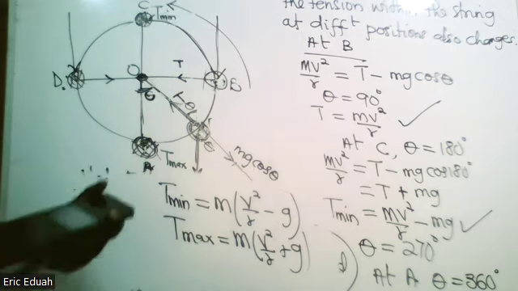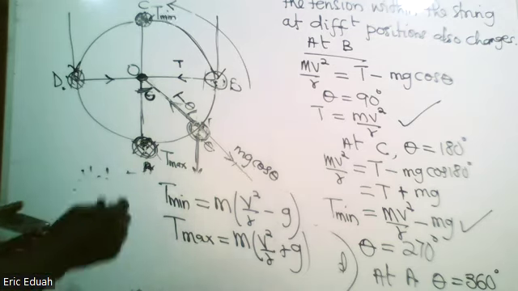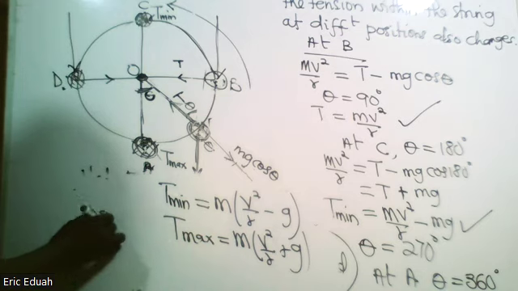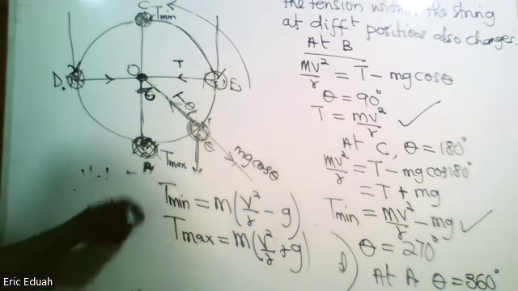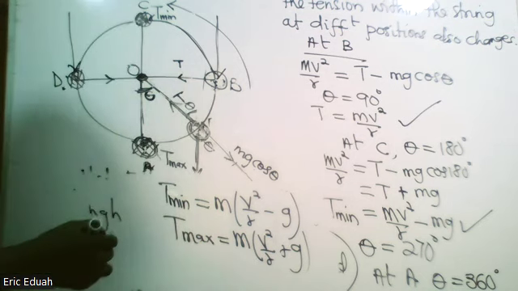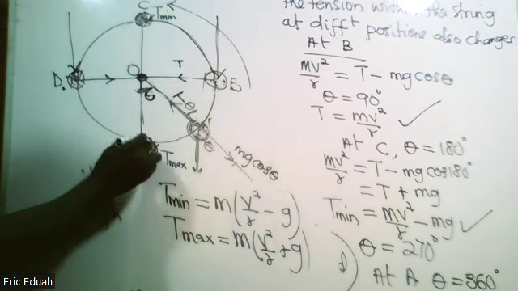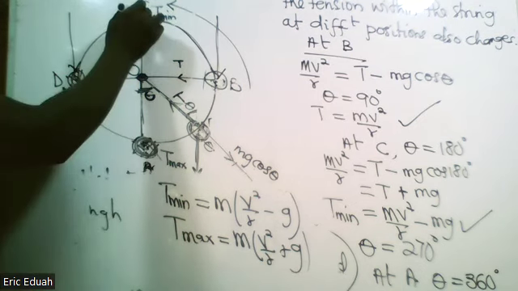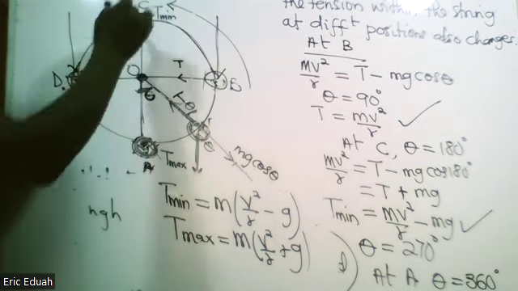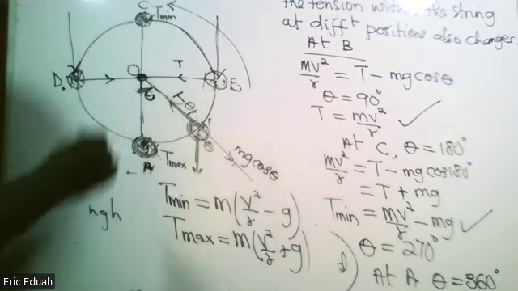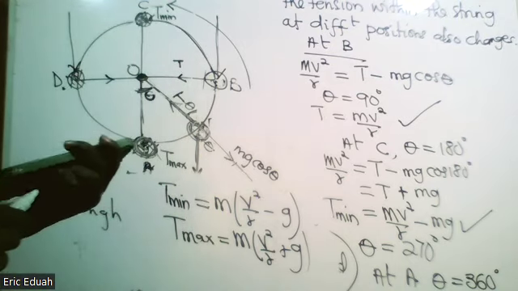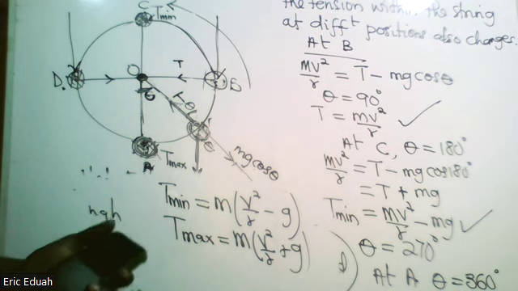Don't forget, potential energy is mgh. So as h increases from the surface of the earth, you realize that potential energy also increases. So the potential energy of the objects here and objects here are different. The reason for which there is a change in the tension.